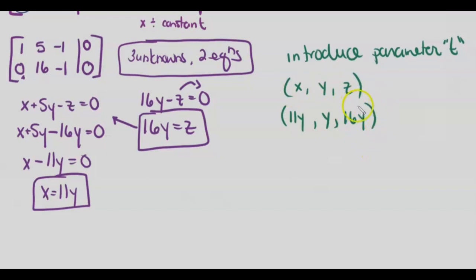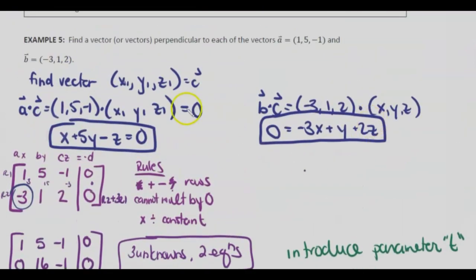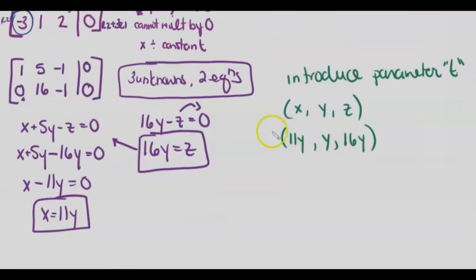So this is going to be perpendicular to both of our original vectors. So using the parameter t, we're actually going to say 11t, comma, t, comma, 16t is going to be perpendicular to both vectors a and b.